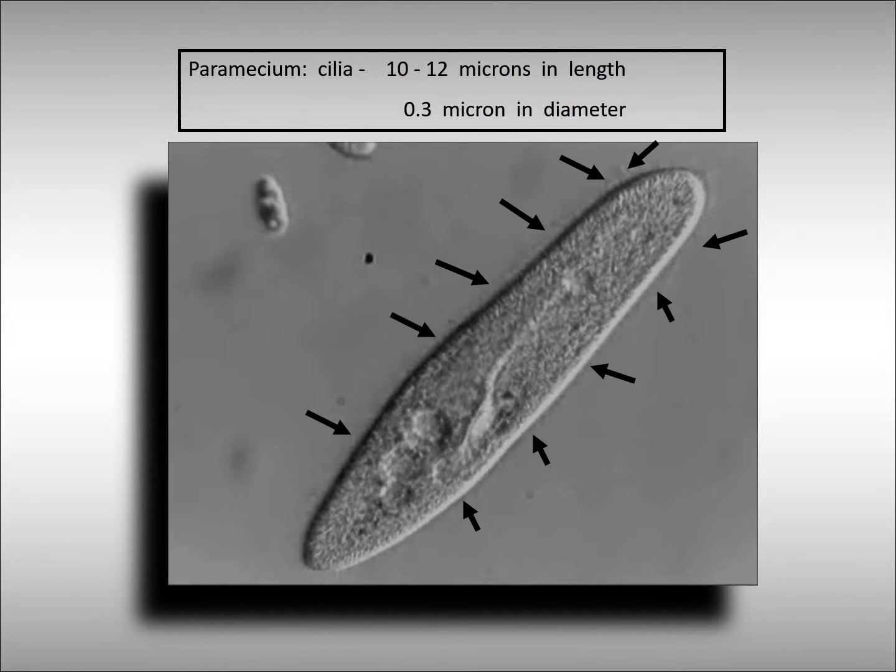In general, the cilia of Paramecium are about 10 to 12 microns in length and 0.3 of a micron in diameter.